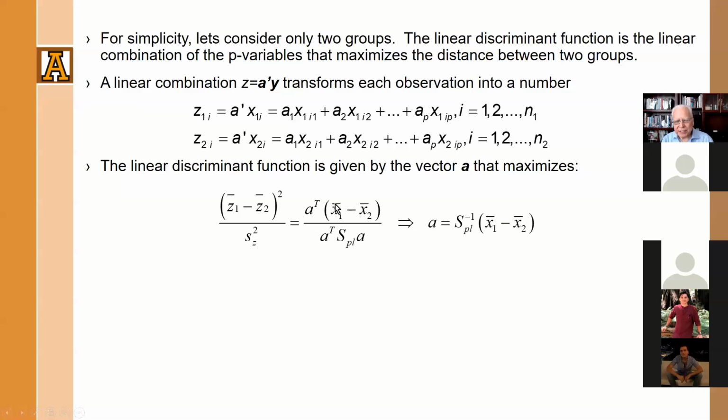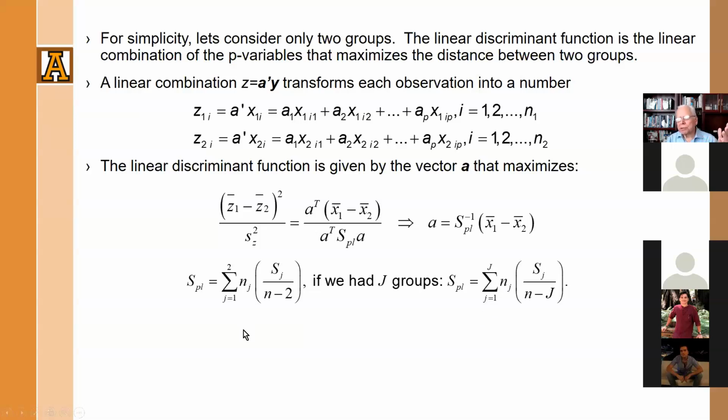When we maximize this function, it turns out that A is the inverse of the pooled variance covariance matrix times the difference between the original means, x bar 1 minus x bar 2. So these are transformed variables with this linear combination, and the coefficients are given by the inverse of the variance covariance matrix, which is estimated by pooling both sample variance covariance matrices, times the difference between the original means.